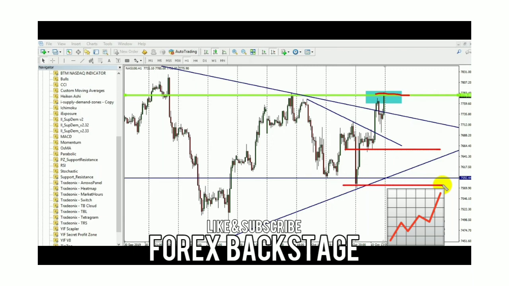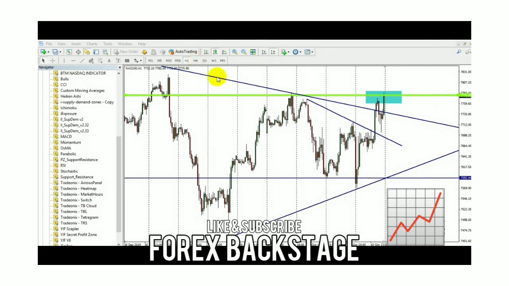But because this is the big time frame, you can at least put your stop loss here. But the way I trade, I don't even put a stop loss. But this is not what you have to do. You have to use a stop loss and take profit.